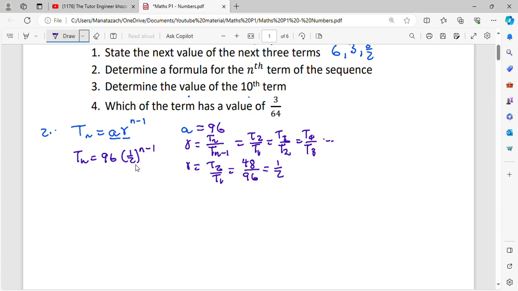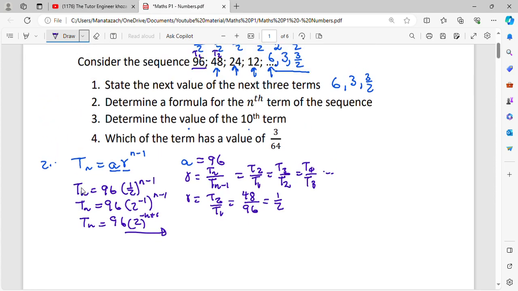If you like, you can further simplify this formula to say 96, and then 1 over 2 is 2 to the power minus 1. You can basically write 96 times 2 to the power minus n plus 1. So you can write it like this.